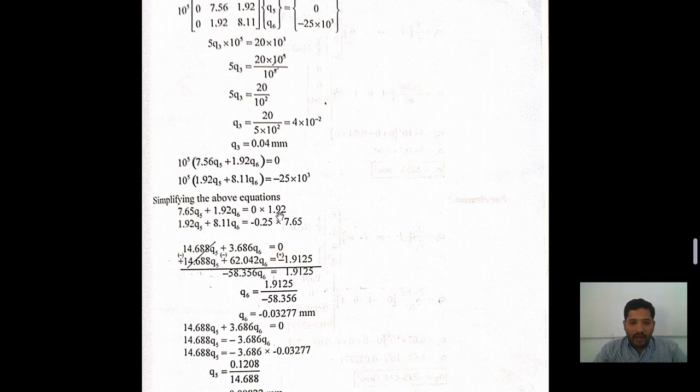If you multiply 1.92 into 7.56, it becomes 14.688 Q5 plus if you multiply 1.92 into 1.92, 3.686 Q6 equal to 0. Again you multiply 7.56 into 1.92, it becomes 14.688 Q5 plus, again if you multiply 7.56 into 8.11 Q6 equal to, if you multiply 0.25 into 7.56, it becomes 1.9125.